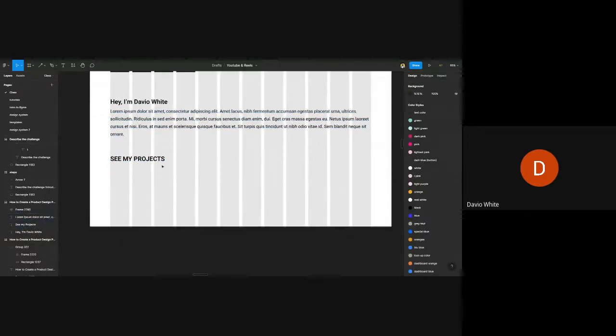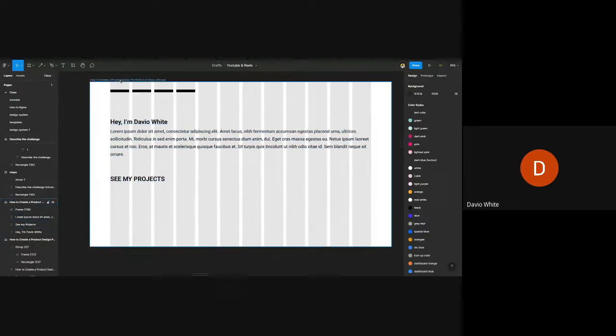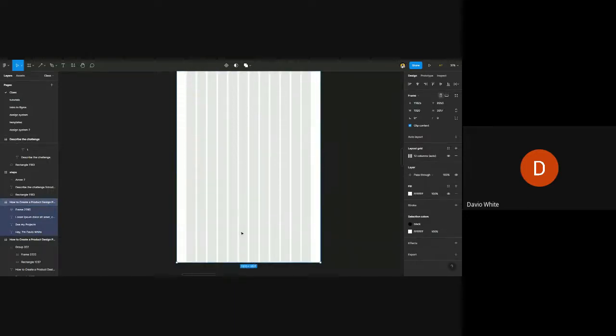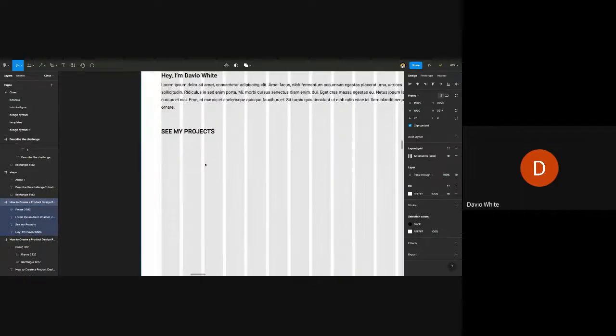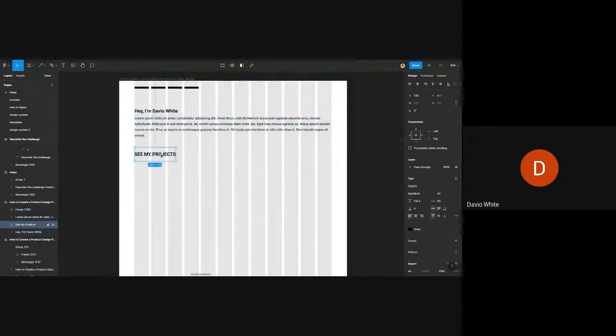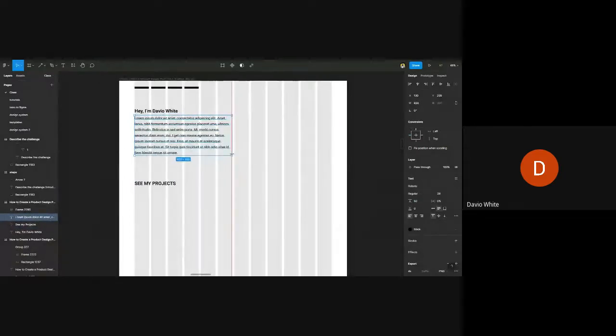And then I will extend this frame some more. So about there. You definitely would want to include an image of you.